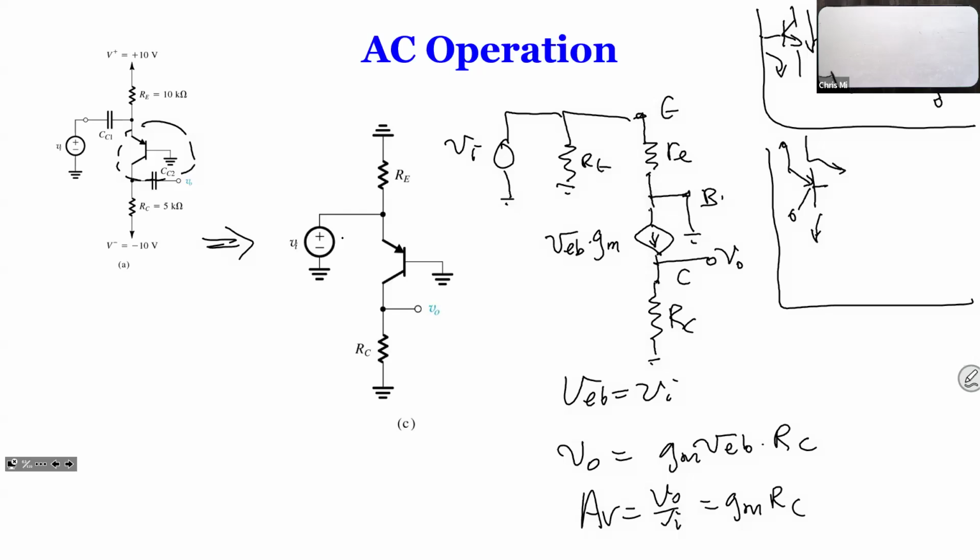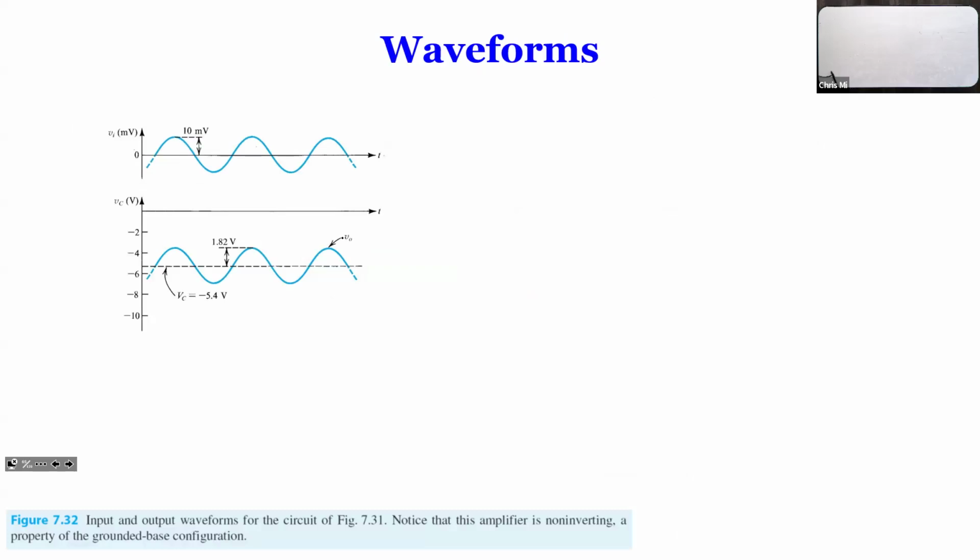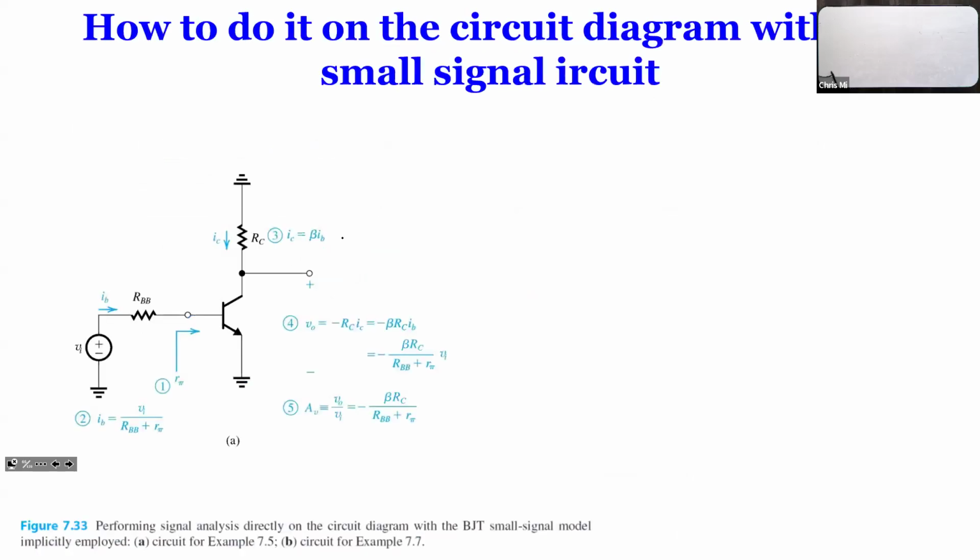Right. So again, the example is from the book, so you guys can go do the problem and then look at the waveform. And also, this is what I just explained a little bit earlier: once students get really good at the circuit, they no longer have to actually draw the equivalent small signal circuit model.